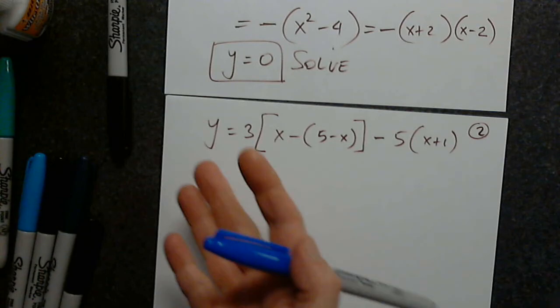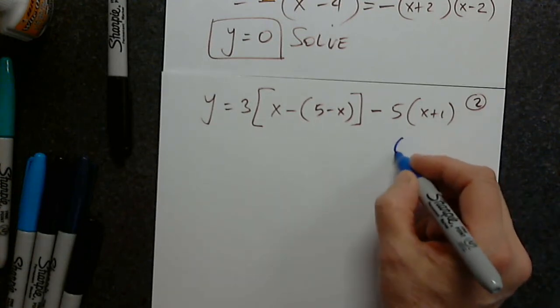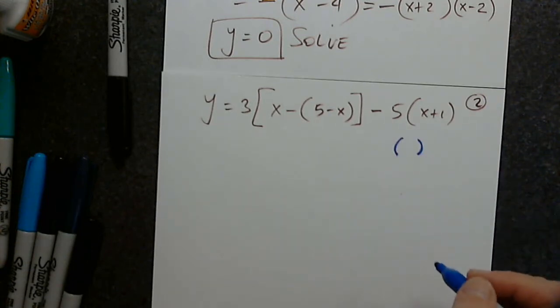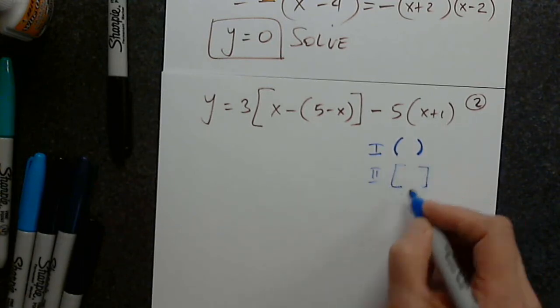So I look at all this, and it looks like something complicated. It's not, but we have to decompose it, or if you want, work on it step by step. So the first priority is to eliminate parentheses. The second priority is to eliminate brackets.